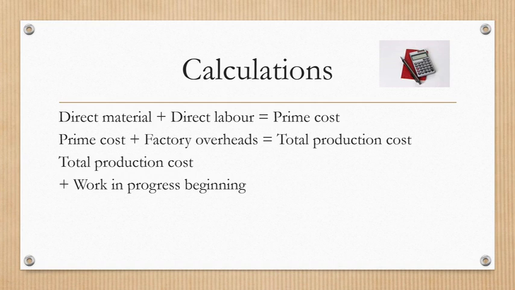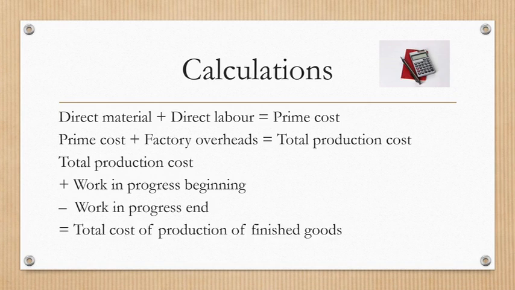So obviously we will finish that first. And at the end of the year, we still have unfinished or semi-finished products, and that we will subtract in order to get the total cost of production of finished goods. And this is our aim. This is what we try to calculate.